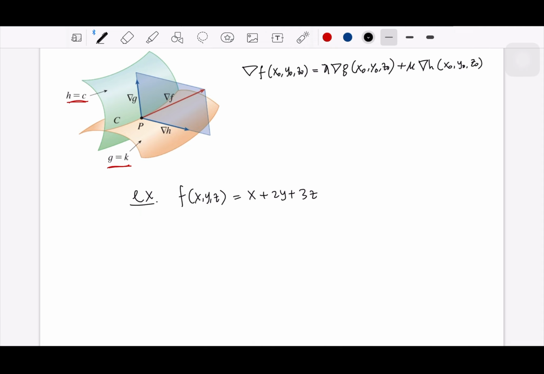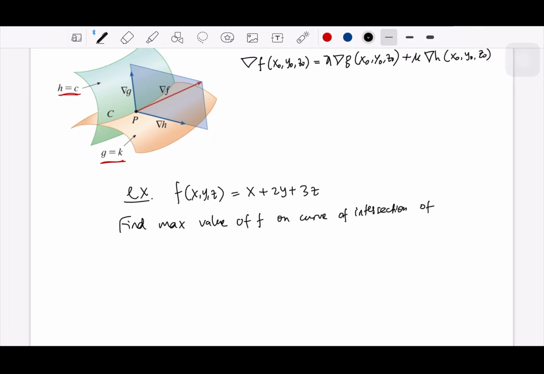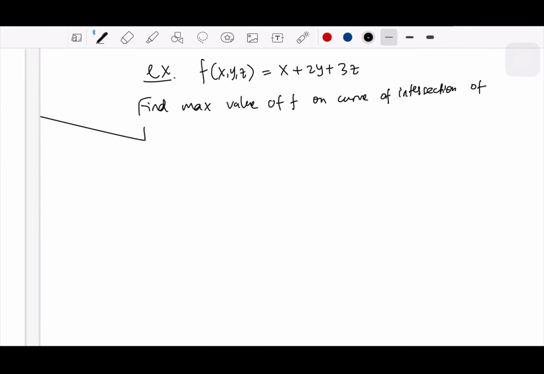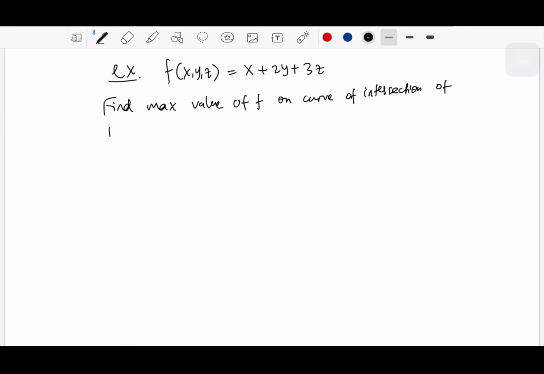So find the maximum value of f on the curve of intersection of the plane x - y + z and the cylinder.